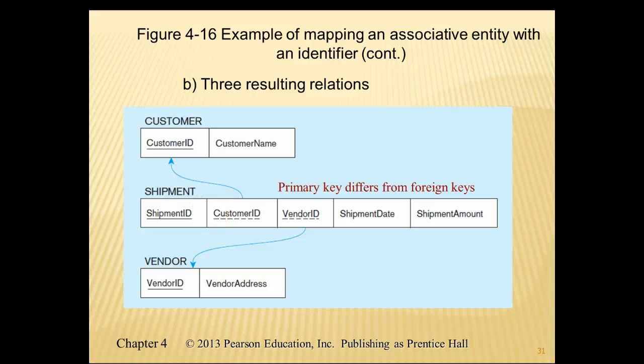Now, shipment still has a shipment ID as a primary key, and that is the primary key for that relation. It still has customer ID and vendor ID, but those are effectively just attributes at this time, and they're not part of that primary key. In other words, they're not a part of a composite primary key.